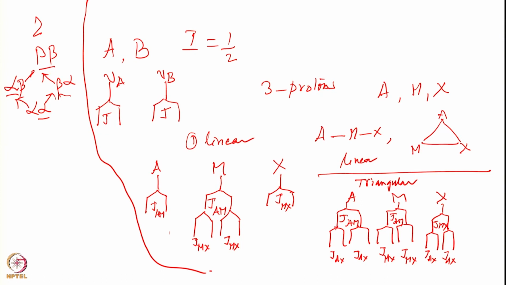Similarly for the 3 spin systems we can draw energy level diagrams, where you have 2 sets of 2 spin systems. Here we will have the transition from here to here, here to here, here to here, here to here. I will use a different color now. Then I will have a transition here to here, here to here, then here to here, here to here.